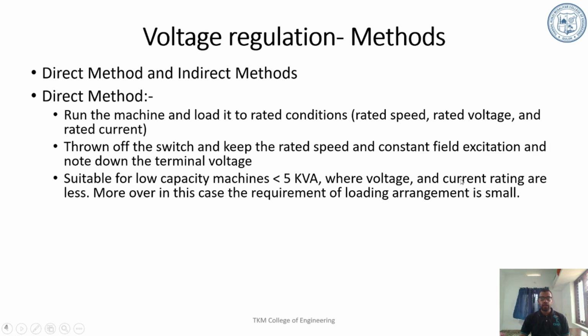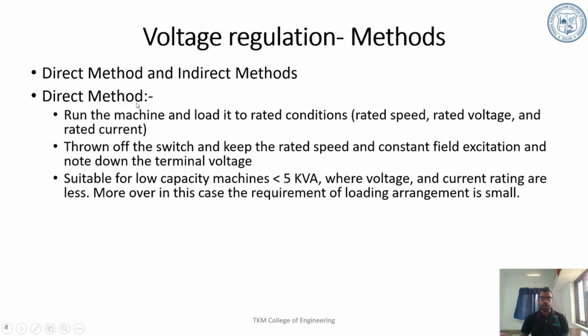As voltage and current rating increase, when we suddenly throw off the load switch, sparking will come into picture and heating loss will be there. Moreover, as voltage and current ratings are more, in order to measure voltage and current, we need high rating equipment, voltmeters and ammeters. Therefore, it is not economical to calculate voltage regulation of an alternator using the direct method.